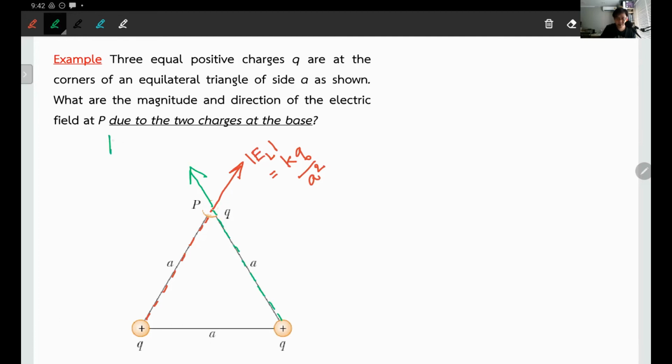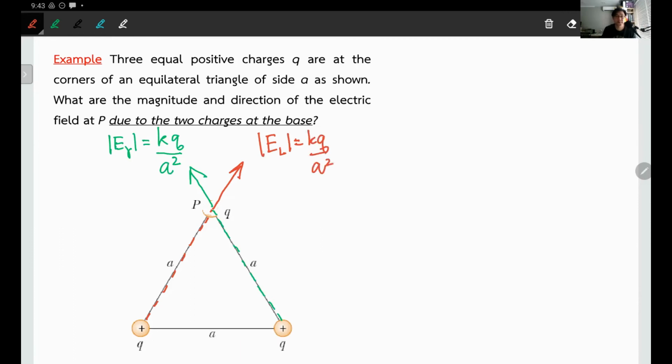Let me call this E on the right, E sub R. Because it's at a distance A away from the charge, the magnitude is going to be K, the charge generating the field, divided by the distance squared. Sorry, guys, let me write nicely here. E on the left is just K Q over A squared.